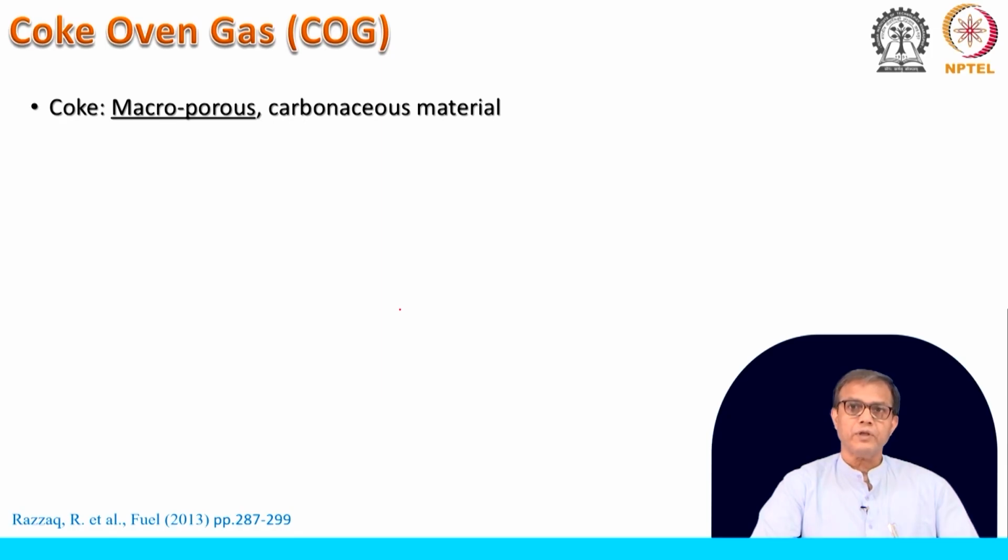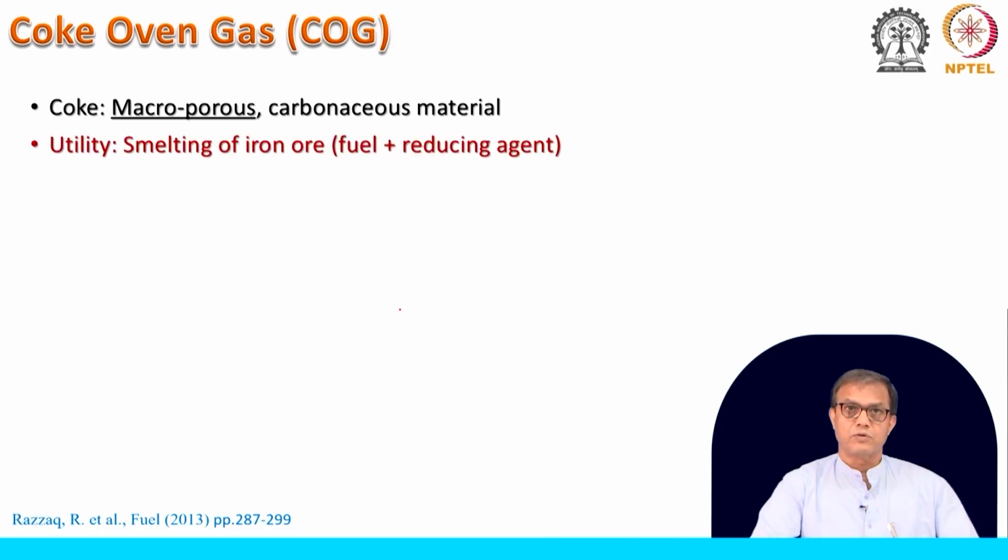It is basically a carbonaceous material, mainly a particular grade of coal or its blend. Mostly it comes from bituminous coal. Its utility is of course in steel making, where it is used for smelting of the iron ore. It serves both as a fuel as well as the reducing agent.